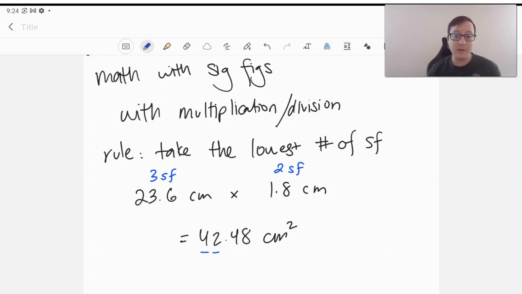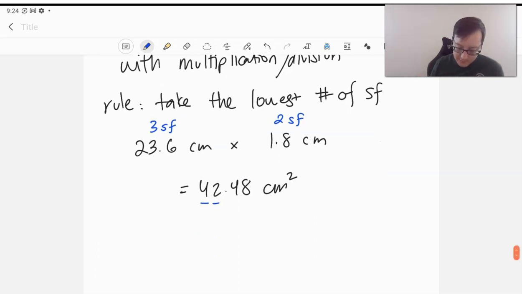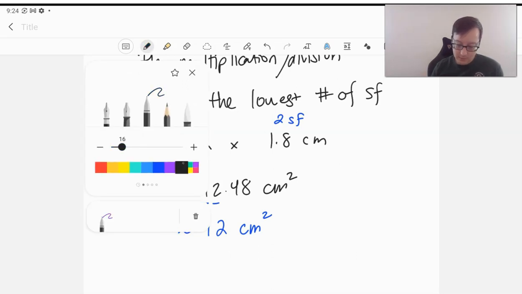So we need to round this number, the 42.48, to 2 sig figs to indicate our significance based on our measurement with this ruler, or whatever it is. And so we will round this to 42 square centimeters. And that would be the answer with correct sig figs. So with multiplication and division, you take the lowest number of sig figs.